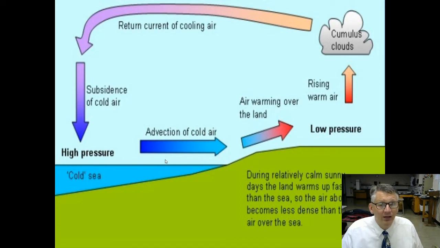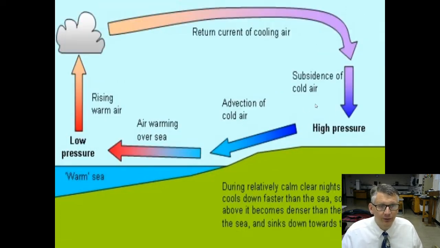Now, the cold is in quotes because it's a relative term. So this is a sea breeze during the day because the air over the land goes up. This is the opposite. This has the sea being warm because relatively, that water is not going to warm up and cool down as fast.